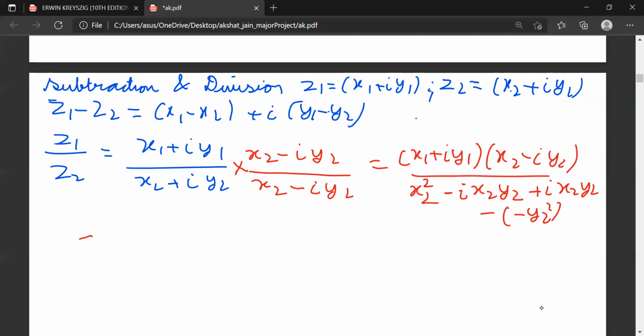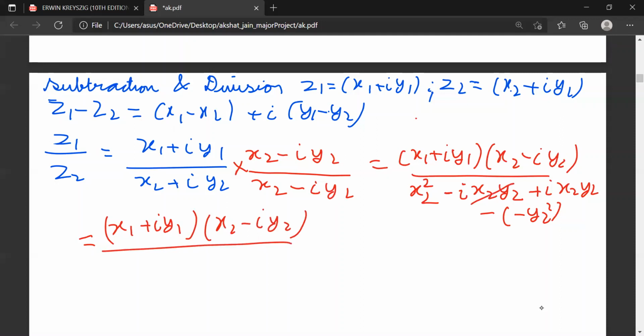So the middle terms cancel out, and what is left is x2 square plus y2 square. So when we multiply this with this, we get this. Put it on one side, and this is our Z1 by Z2 form.